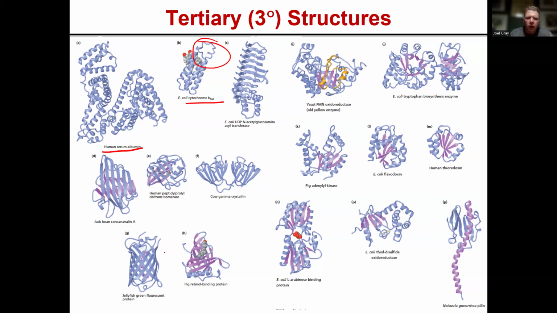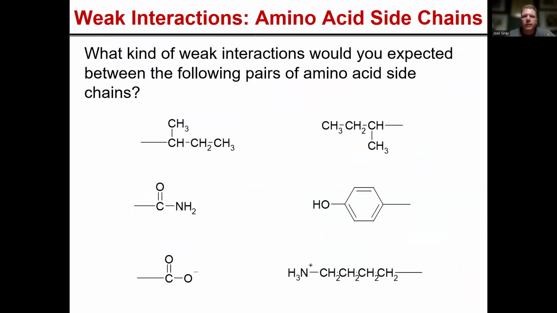We looked at pig retinol binding protein. We've got an alpha helix and then a bunch of beta strands. These proteins get very complicated and very complex, but at the end of the day, there's secondary structure that leads to these overall structures. Now, with that in mind, not every single part of a protein is going to be in an alpha helix or be in a beta strand or a beta sheet.